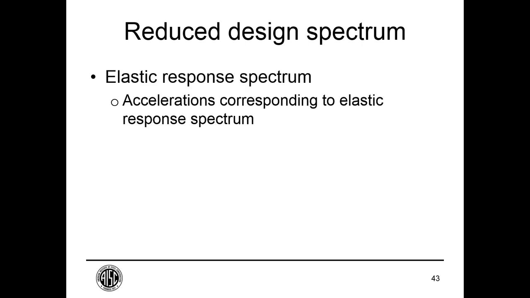So we can use an elastic response spectrum to establish forces that correspond to elastic behavior. If we design for those forces without any reduction, we will have a very robust structure, but extremely high forces.